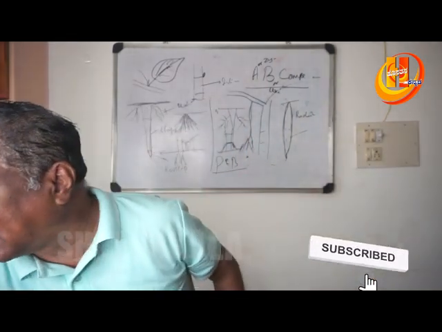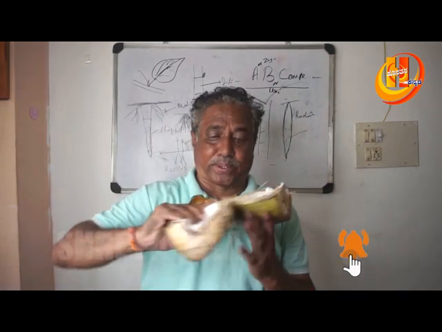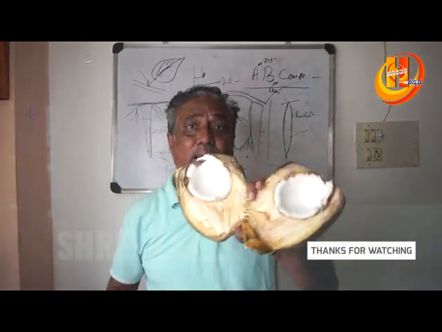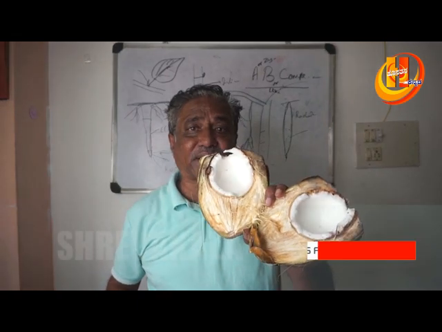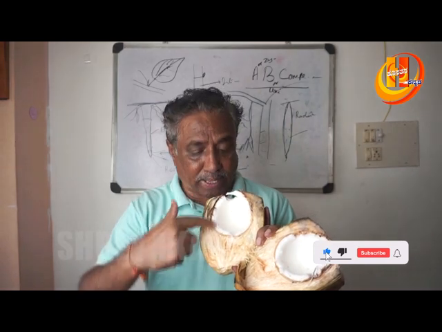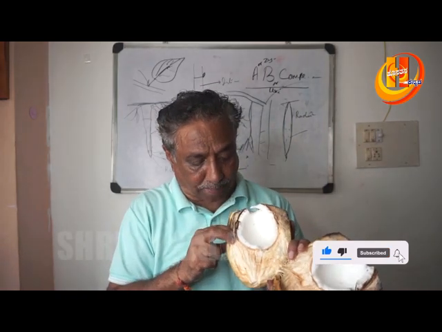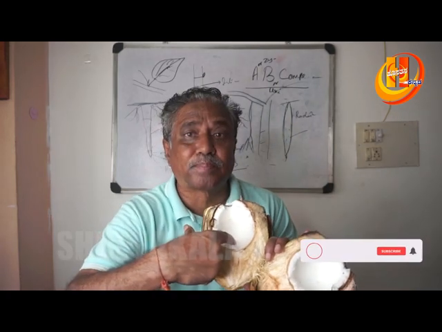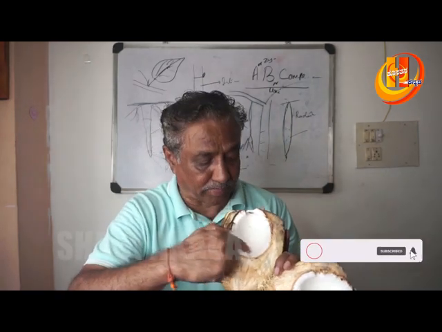And similarly, one more example for drupe is coconut fruit. Here also the pericarp is differentiated into outer epicarp, middle mesocarp, and inner hard endocarp. But the edible portion is endosperm. This is important. Endosperm, the seed portion.